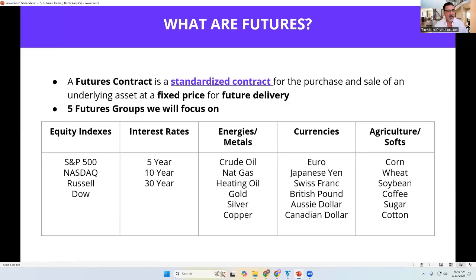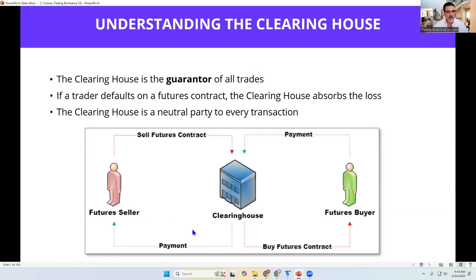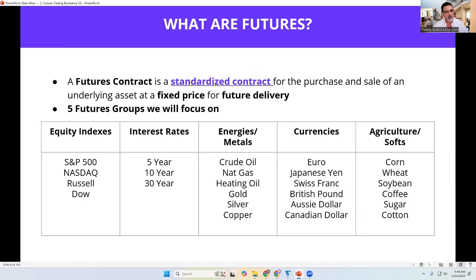There are basically 5 groups of futures that we follow. We have equity indexes, interest rates, energies and metals, currencies, agriculturals, and softs. Within this, it gets divided into financial products versus commodities.